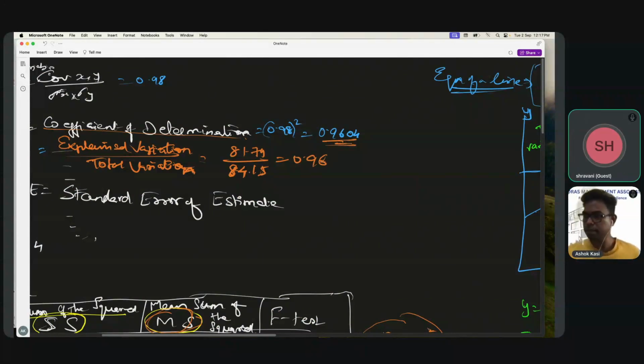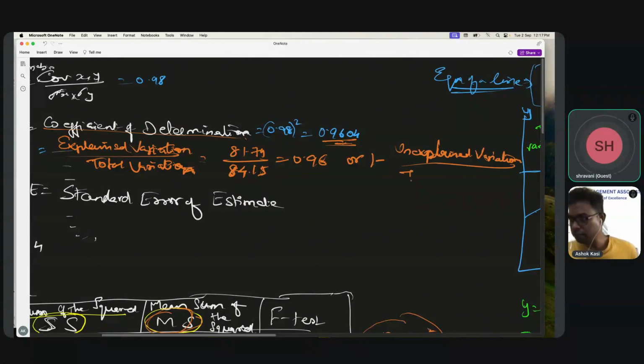There is one more formula: 1 minus unexplained variation divided by total variation.